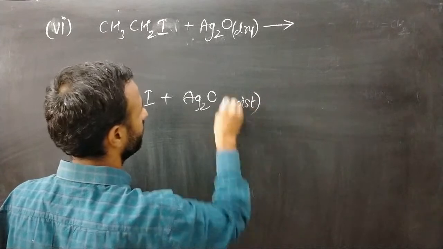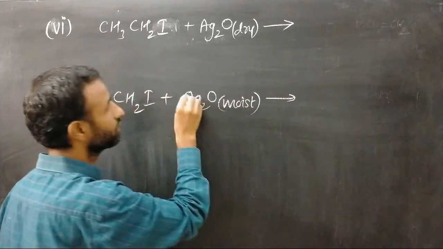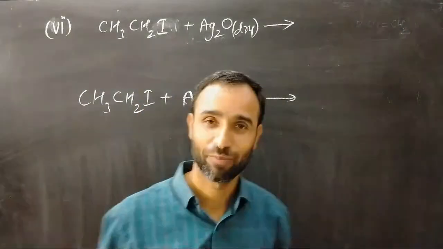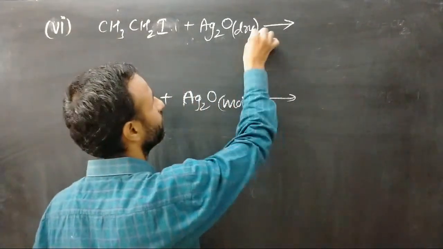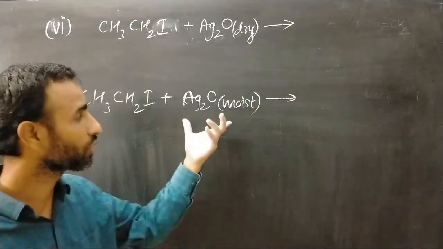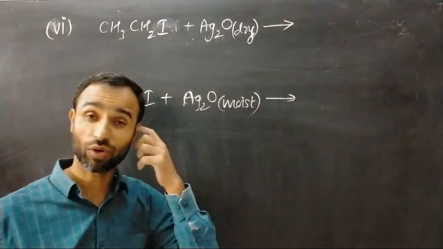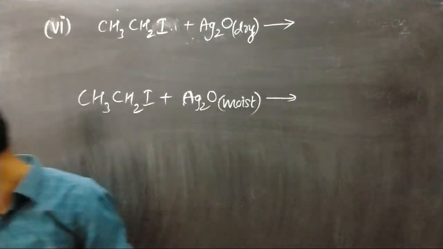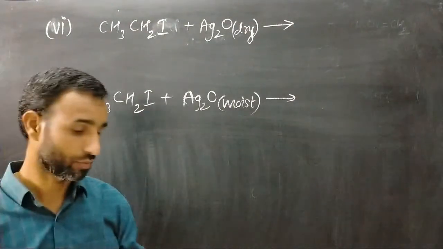In moist silver oxide and dry silver oxide, what are the products found? Tell me. Moist silver oxide and dry silver oxide along with alkyl halide.